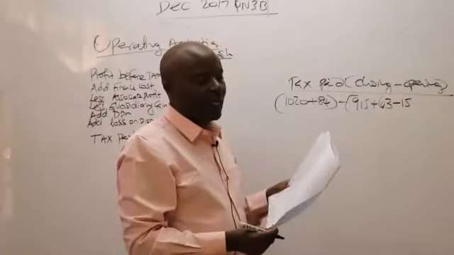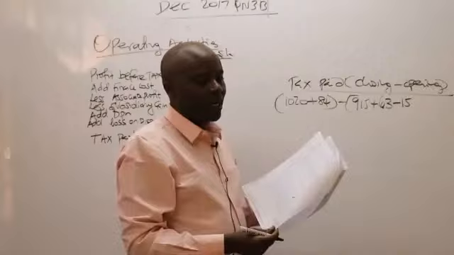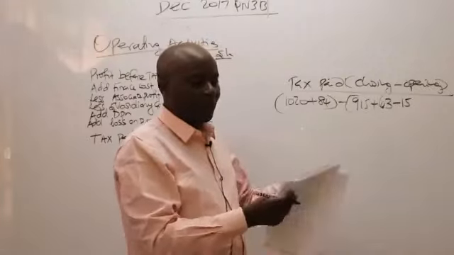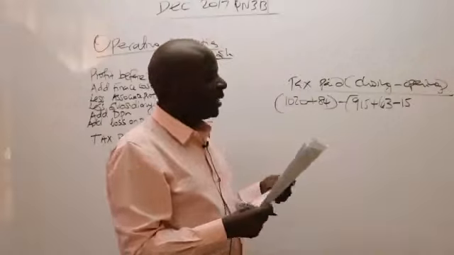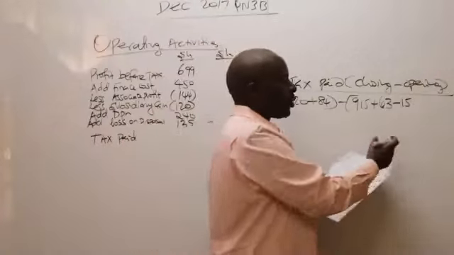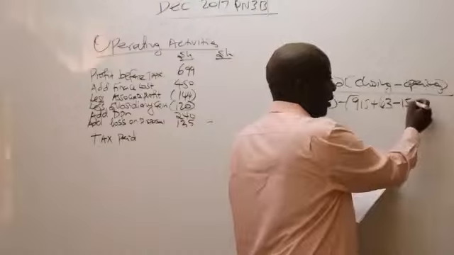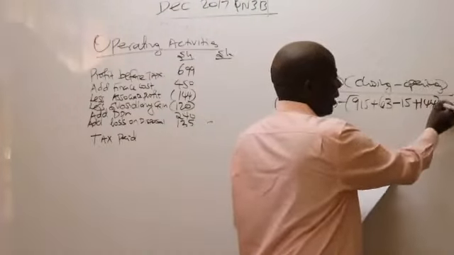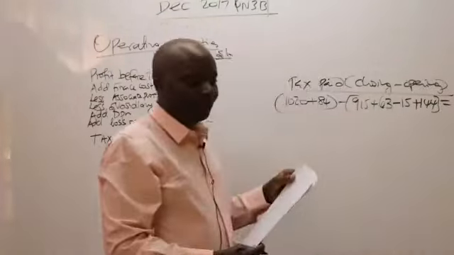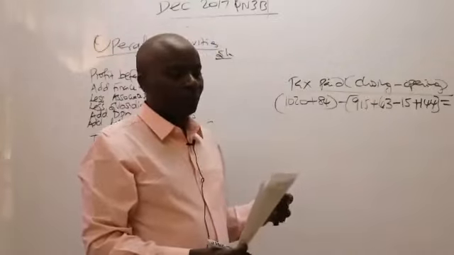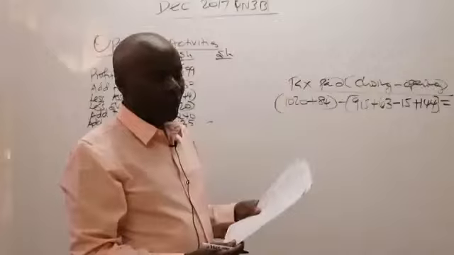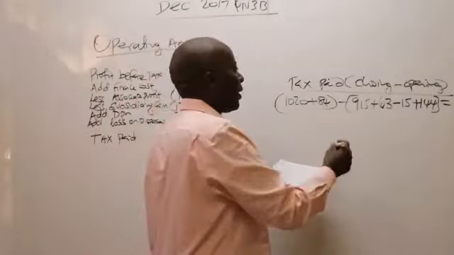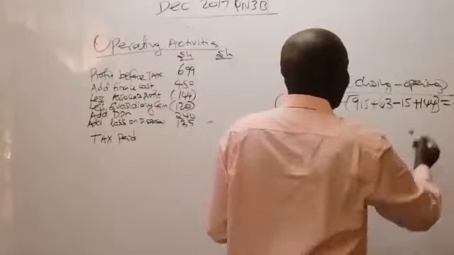Tax for the year was 144. So of course this is increasing the opening, so plus 144. So what is the final answer? Negative 3. So the tax paid is negative 3 like that.